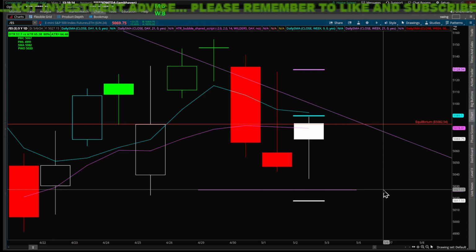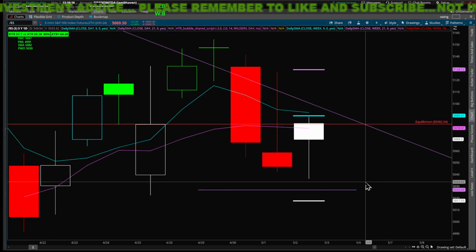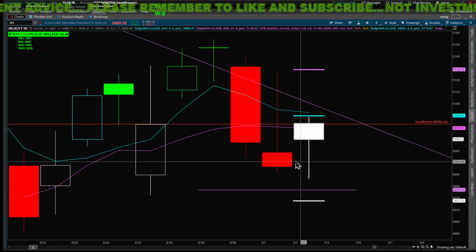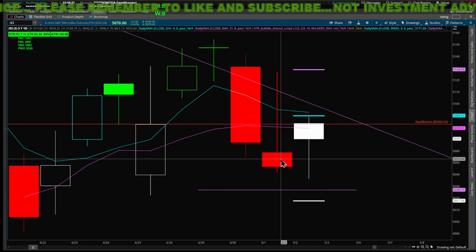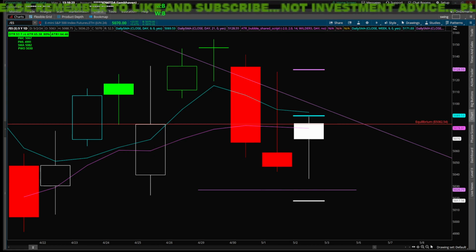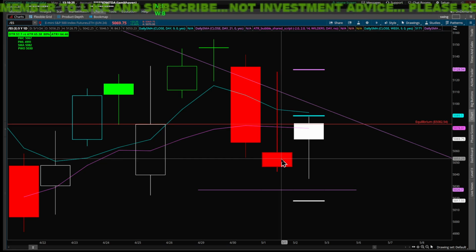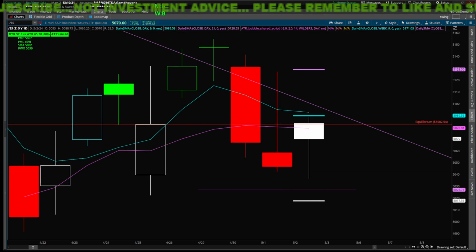And the next thing that I like to look for is, where's my levels at? Where's my key levels? So if we had a -4 bar, like this bar here, I like to see what's that close, right? So that close from yesterday, 50.46.